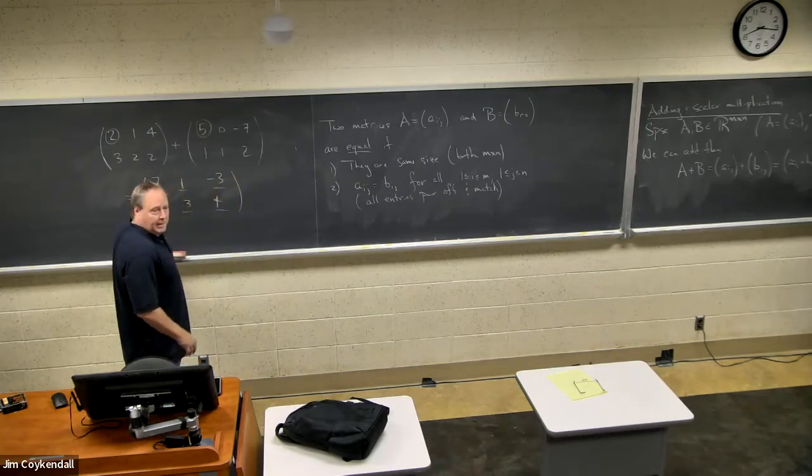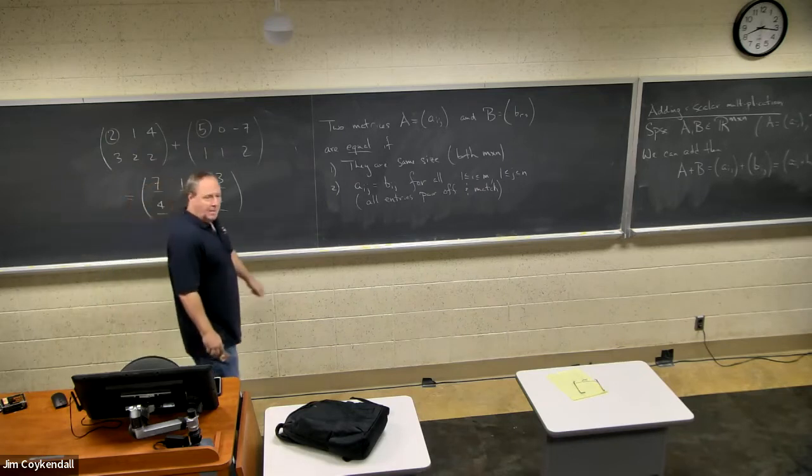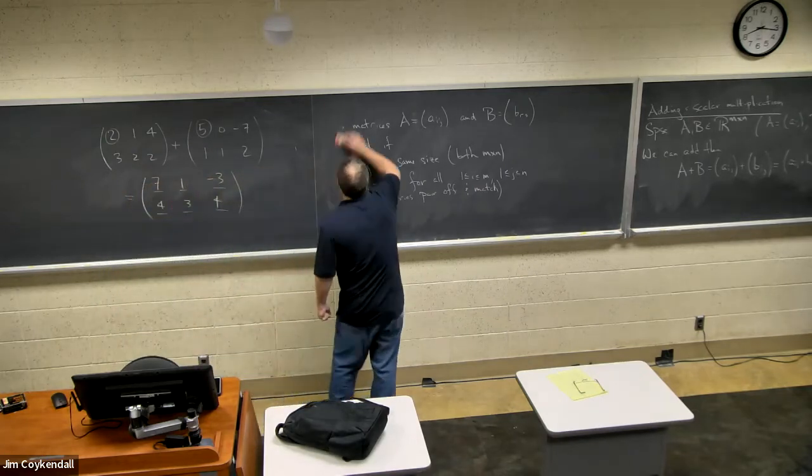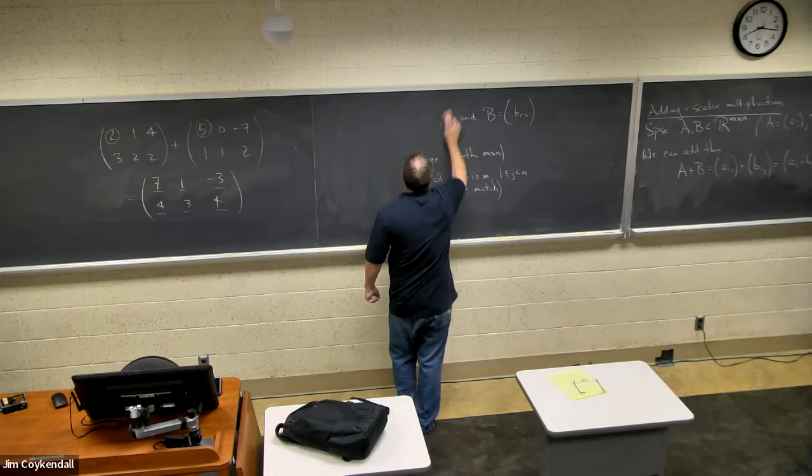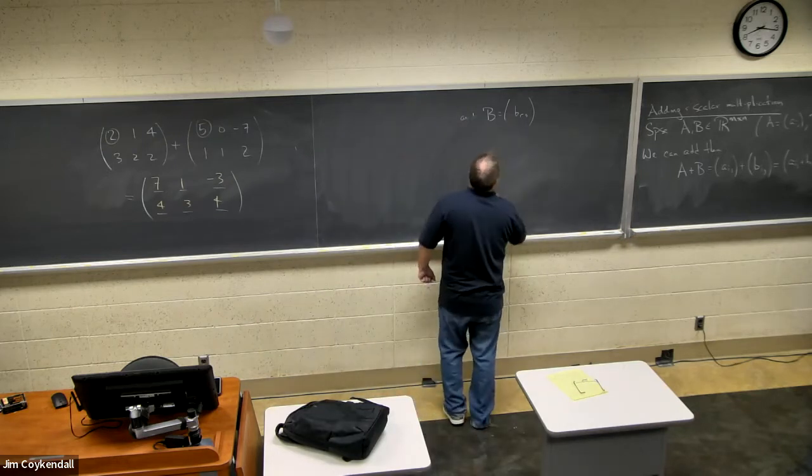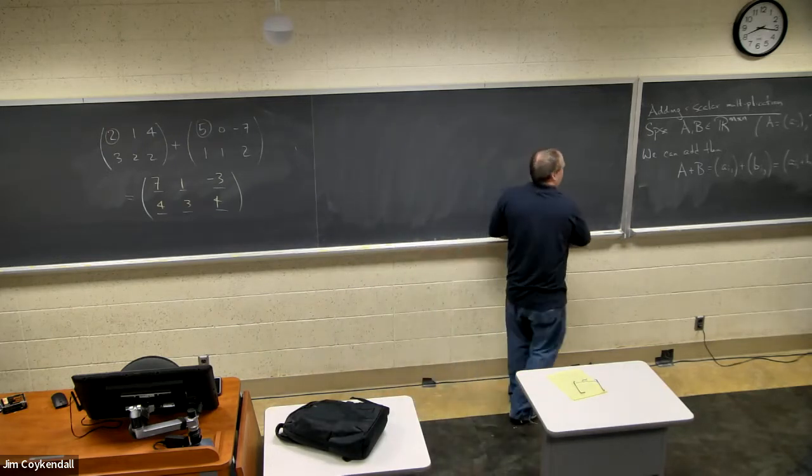You can also take a matrix and multiply it by a constant. Let's do this in parallel with an example too.